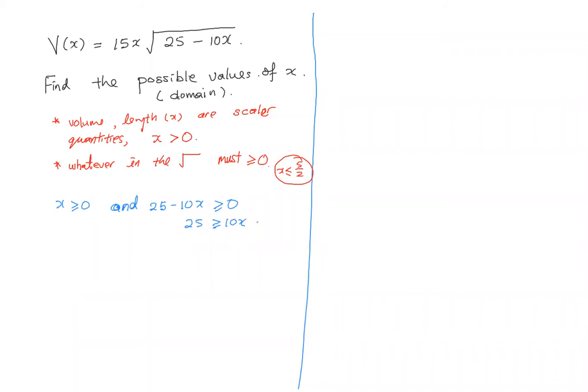This step is not necessary if you can just straight away write x must be smaller than or equal to 5/2. So therefore, the domain: x is a member of real numbers, and x must be greater than or equal to 0, but less than or equal to 5/2. Done.